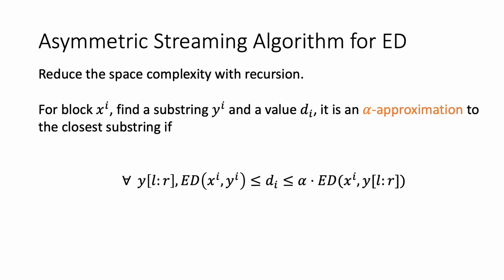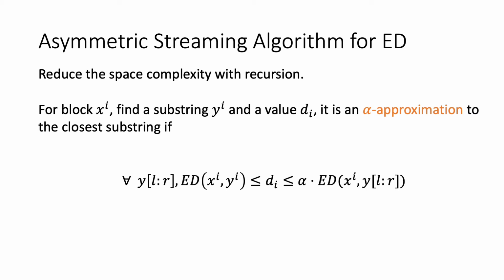We can further reduce the space complexity with recursion. That is, for each block Xi, instead of finding the closest substring, we turn to an approximate solution. That is, we find the substring Yi and a value di.